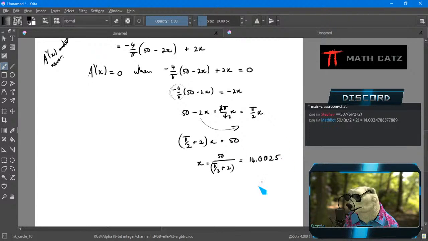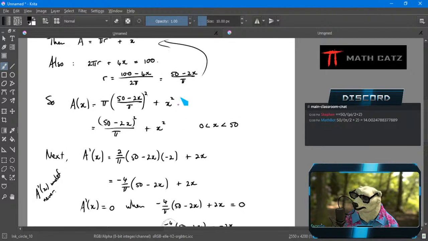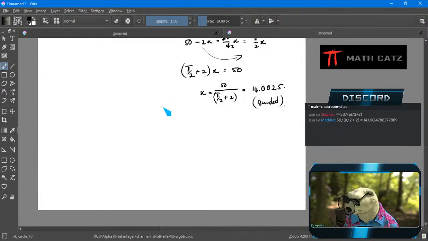Just have to remember that's rounded. Now it might be a final answer, so it's totally fine, or I might need to use it further. And I secretly know I'm going to have to, right? Because I'm eventually going to have to find the matching radius R value. But only if it's actually the best point.